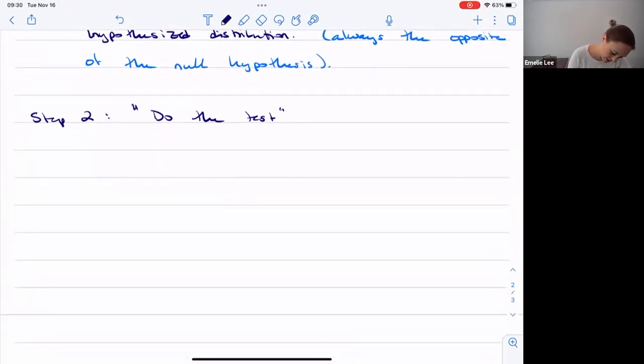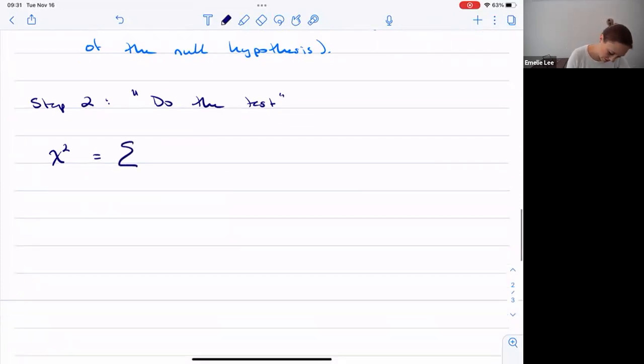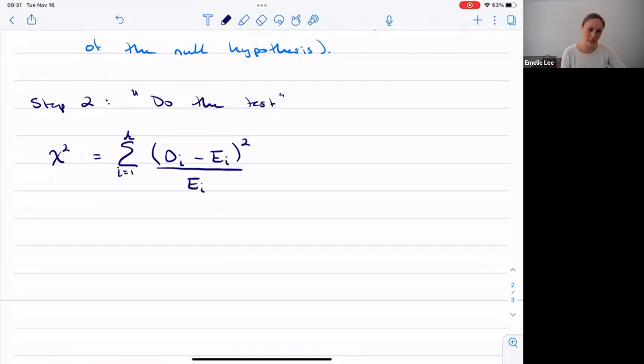So the chi-squared statistic is the sum from i equals 1 to k of (O_i minus E_i) squared over E_i.